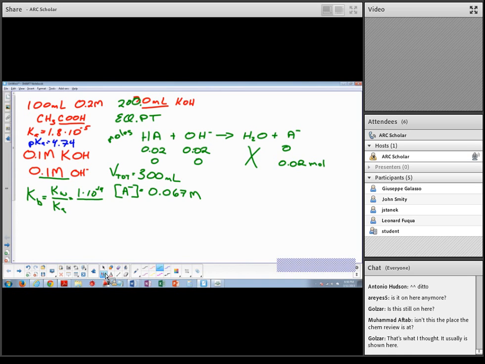That's going to be over 1.8 times 10 to the minus 5. Therefore, our Kb is 5.56 times 10 to the negative 10. Okay. So if I were to come over here real quick and do a small one over here, what's the reaction going to be that's happening?